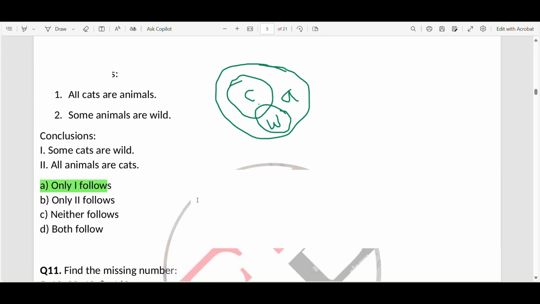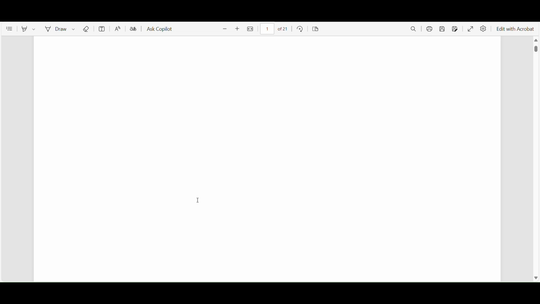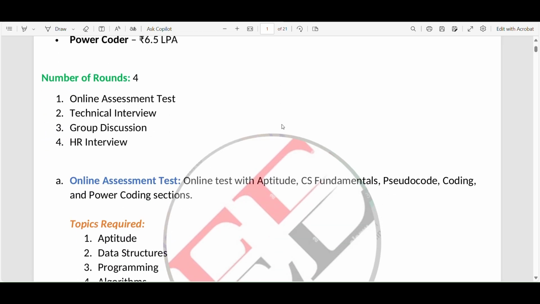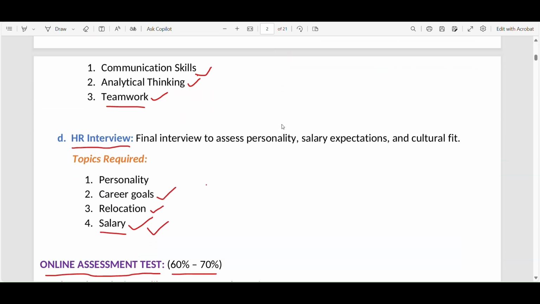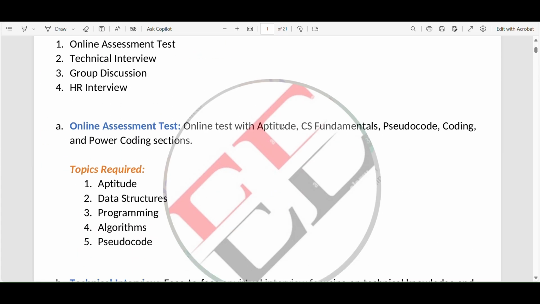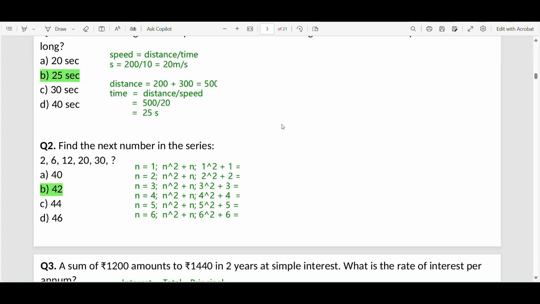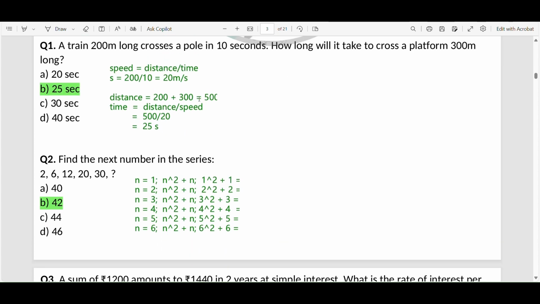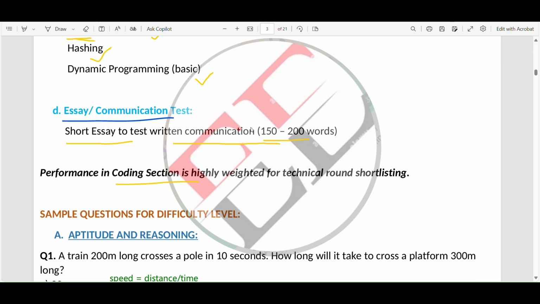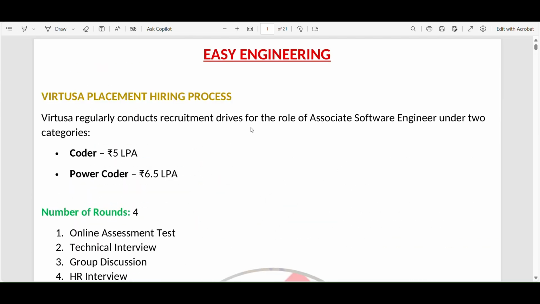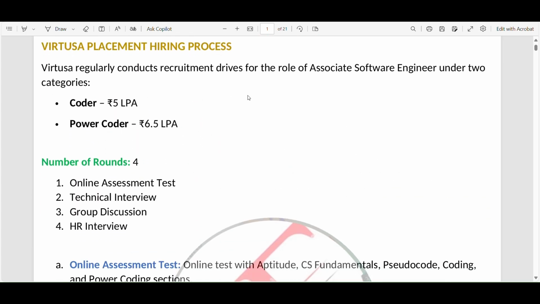I'll be posting this PDF in the Telegram group without these answers, because only some of them I have solved. Many of them were not solved yet. After solving, if you want the solutions, then you have to look at the videos on the YouTube channel.